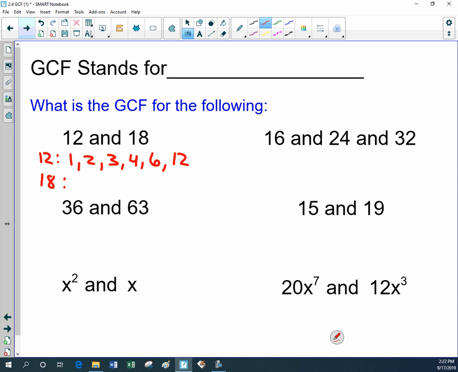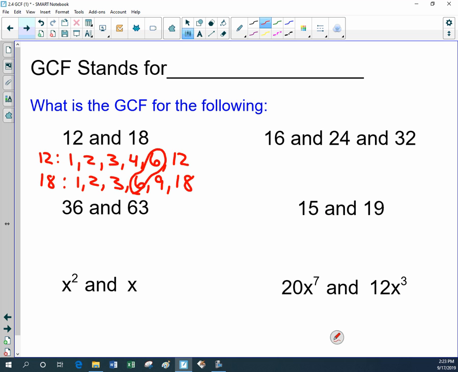Factors of 18 are 1, 2, 3, 6, 9, and 18. So if you look at the different factors there, the biggest factor that they both have in common is 6. So the greatest common factor of 12 and 18 would be 6.